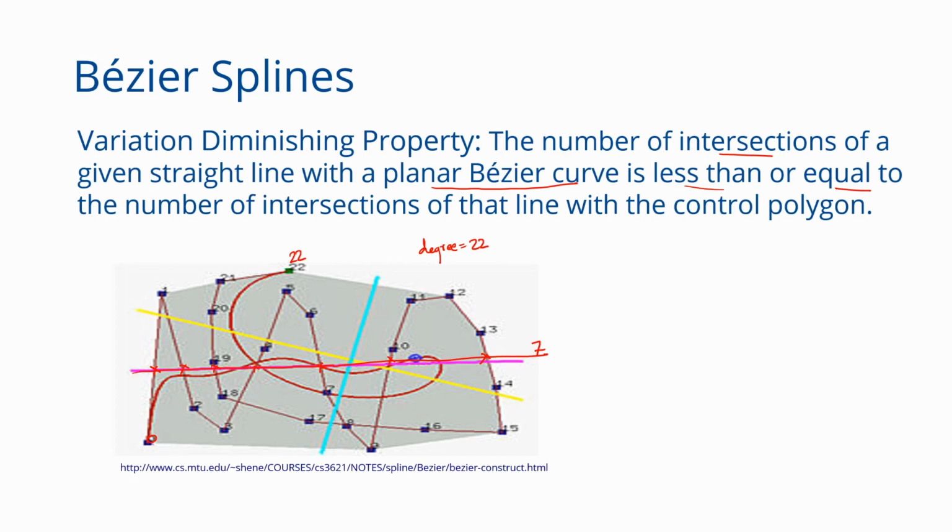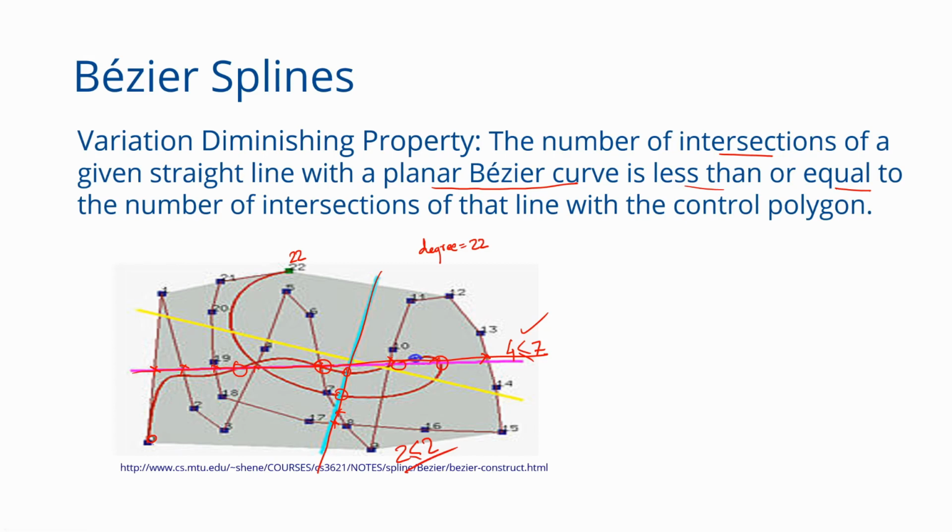So let us see how many times it has intersected the Bezier curve: 1, 2, 3, 4. So 4 is less than or equal to 7. This is true, right? You can take any straight line. You can consider this straight line, for example, and the number of times that it intersects the control polygon is 1 and 2, and the number of times it intersects the curve is 1 and 2. So the property is satisfied, right?